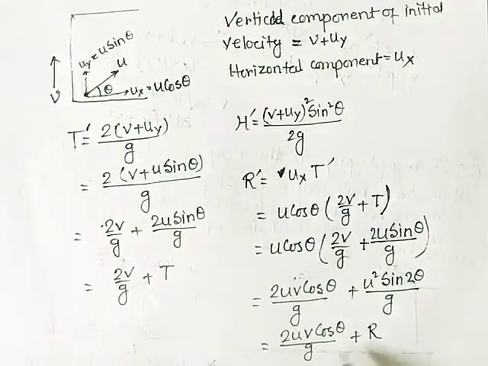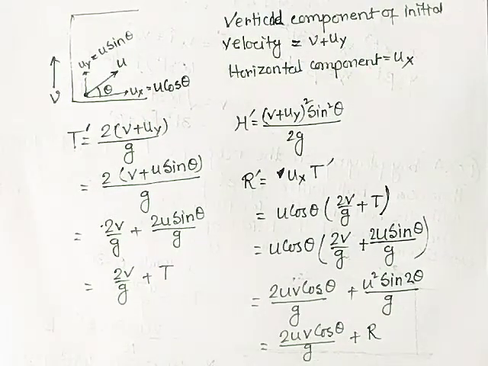So the range is increased, the maximum height is also increased, and T prime, the total time of flight, is also increased. If the projected motion occurs in a frame moving vertically, then obviously these kinds of changes will occur.